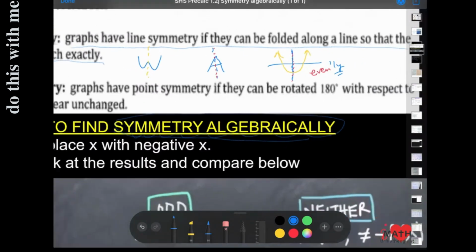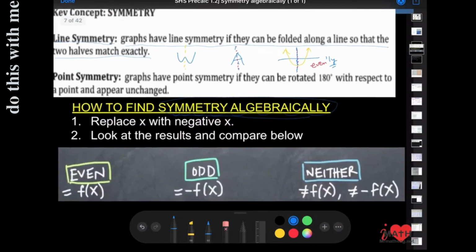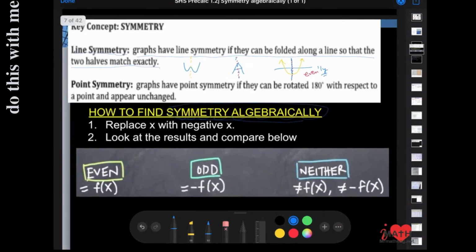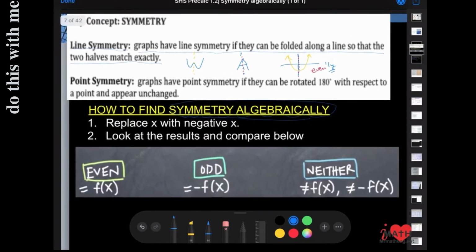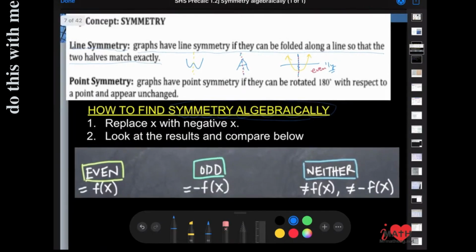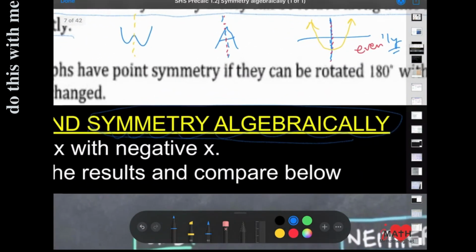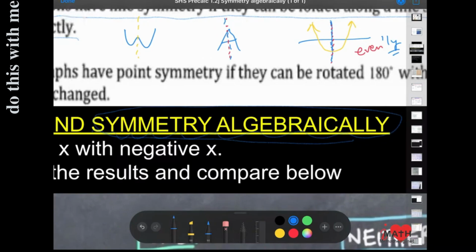Okay. Alright, so we also talked about point symmetry. Graphs that have point symmetry, if they can be rotated 180 degrees with symmetric to a point and appear unchanged.